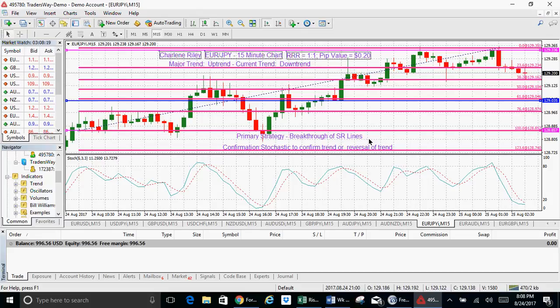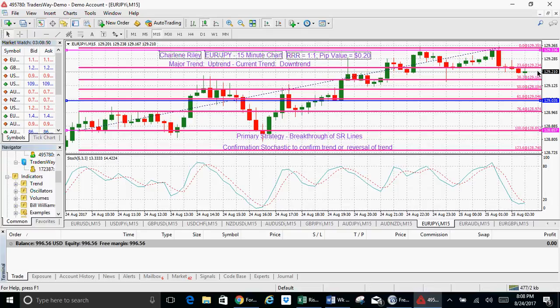I use the Fibonacci and also support and resistance lines that I plotted during my multi-frame analysis. And then for confirmation, I primarily use the stochastic to confirm a trend or a reversal of a trend. But then I would also use candlesticks and candlestick patterns as well as market volume.